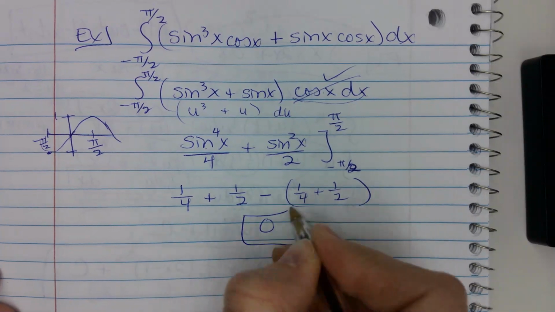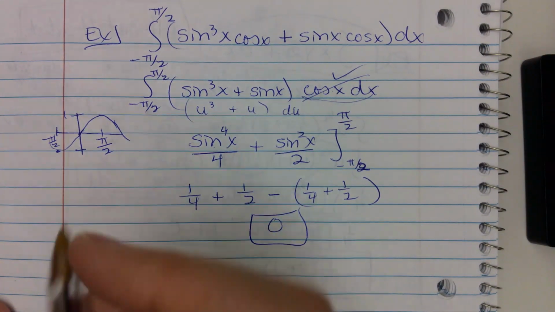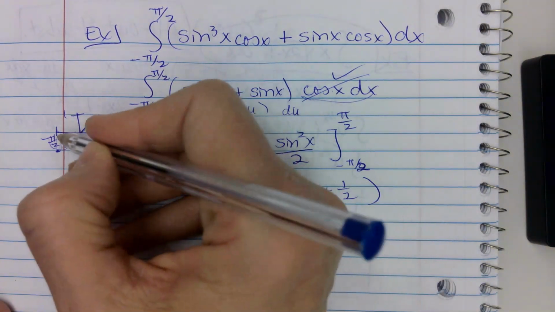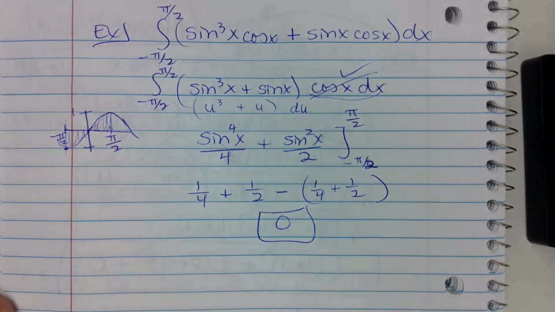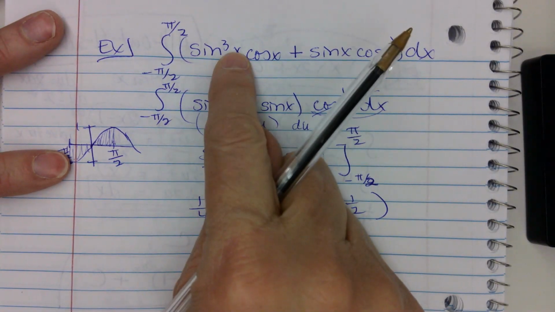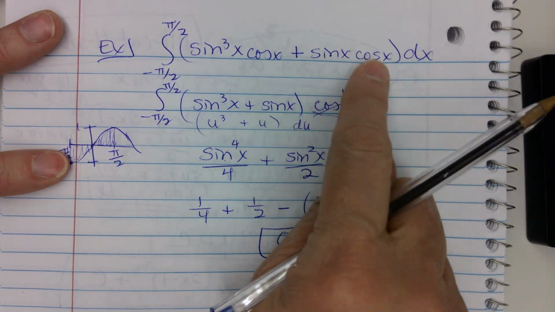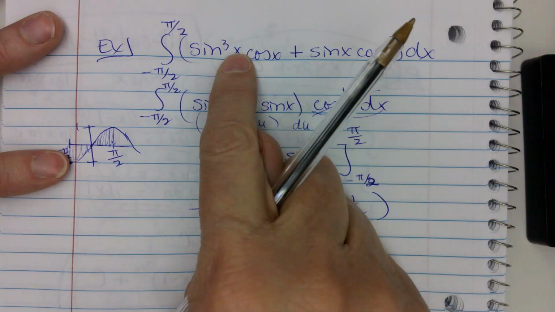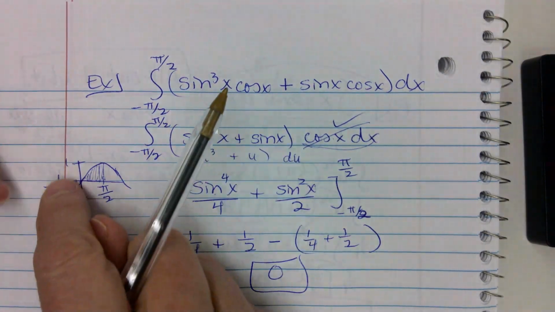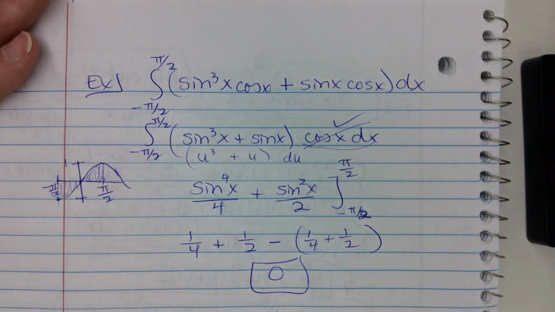Which makes sense when you look at the sine curve. If we're just doing a straight sine curve, the area above the x-axis will definitely cancel out the area below. But we're multiplying a sine cubed by the cosine of x, and these are still odd powers, aren't they? Odd powers, odd functions probably have that symmetry with respect to the origin.